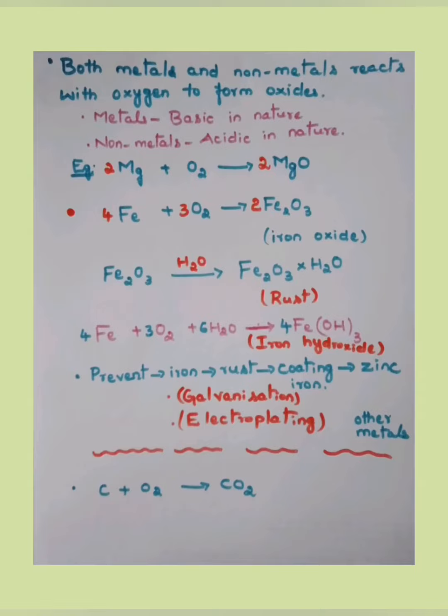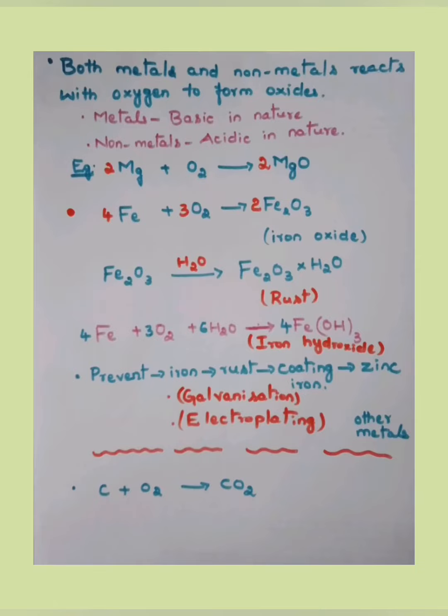To balance the equation, the right-hand side must equal the left-hand side. You see here 2 Mg on the right, so 2 Mg on the left, balanced. Oxygen O2, 2 O, so it is balanced.